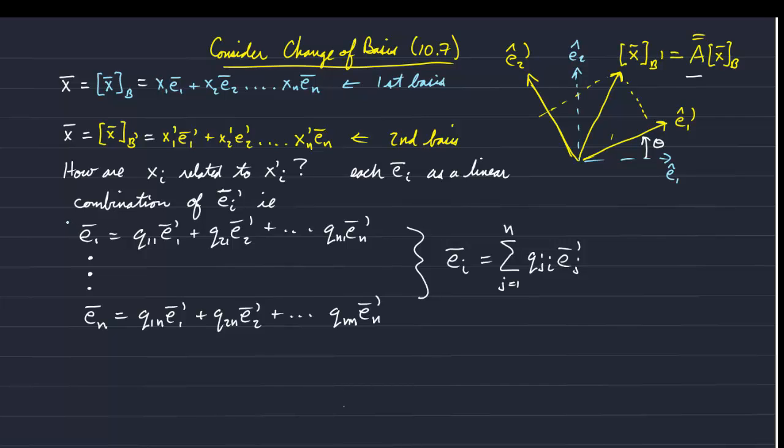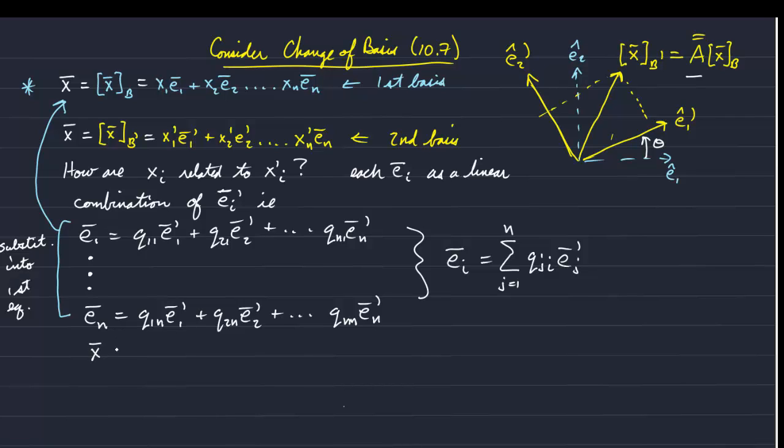Now, substituting these expressions for the original base vectors into the first equation, we can now start to relate each of the x's in the first basis to each of the x's in the second basis.